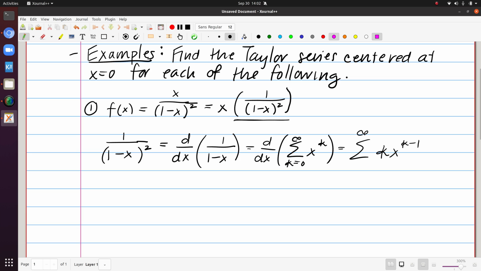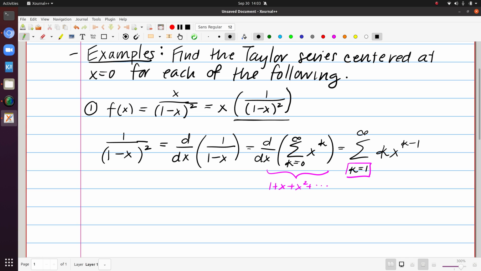And in order to figure out what goes here, because we always have to be careful with differentiation, I want to observe the original series was of this form. So it had a first term that was constant, so its k equals 0 term was a constant, and that, when differentiated, went away. So this has to be bumped up to k equals 1.